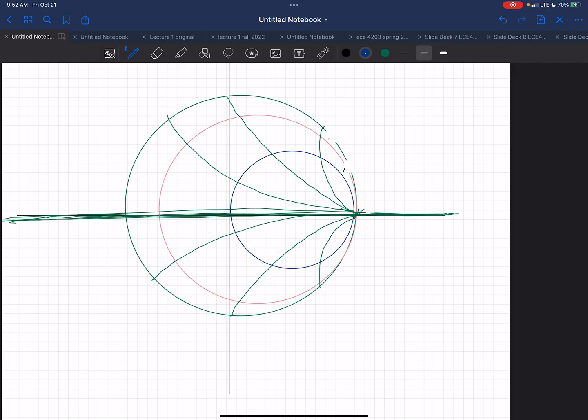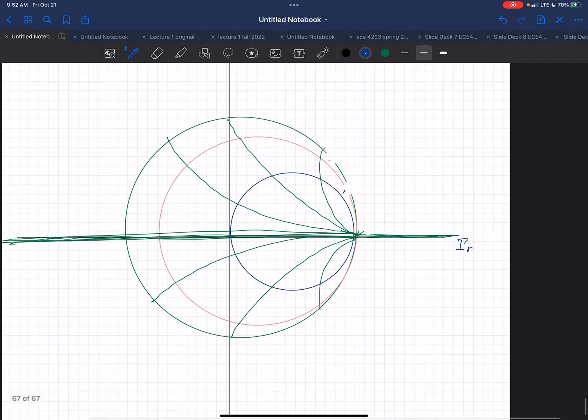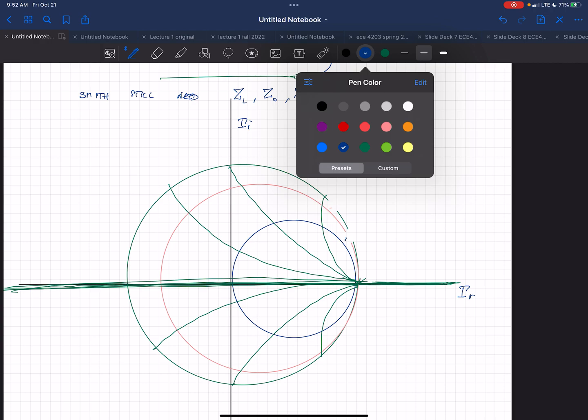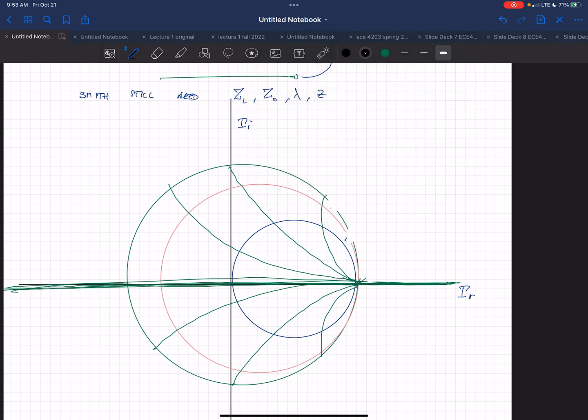So again, imagine that this is the real part of gamma, and this is the imaginary part of gamma. If I was going to draw the reflection coefficient gamma sub L, let's draw it in black, since I'm running out of colors.